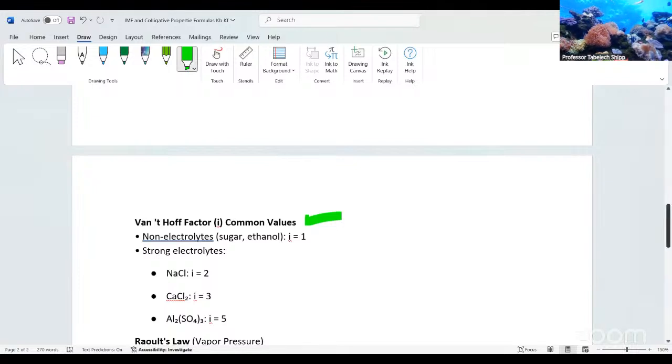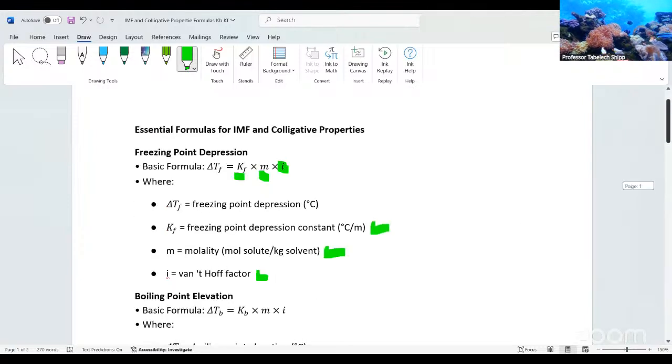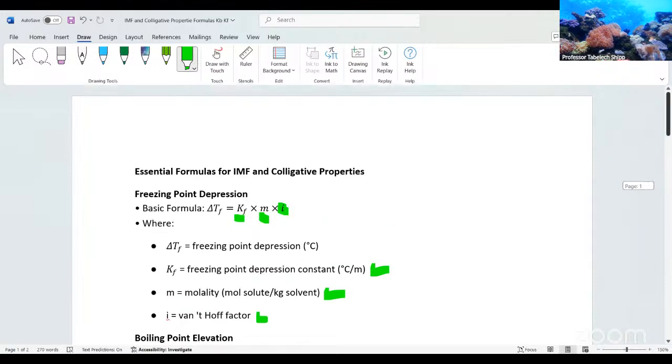Secondly, molality, which is this formula right here, has to also be calculated within your problem if it's not already provided. That's what made those problems from yesterday appear very long. So I'm going to give you all some examples today that will express how all of this works, so that it's not going to be as difficult as it appeared to be yesterday.